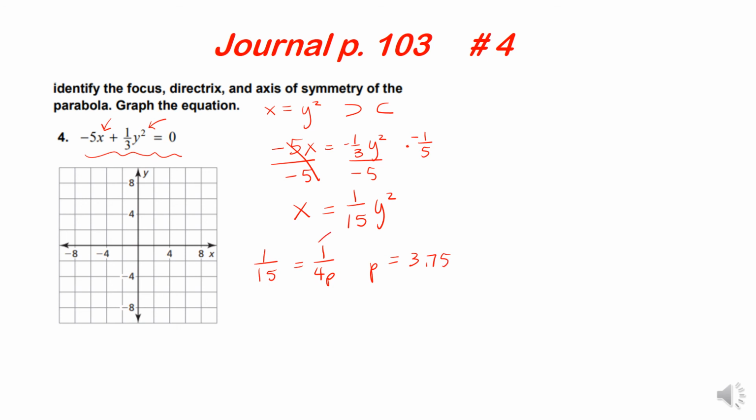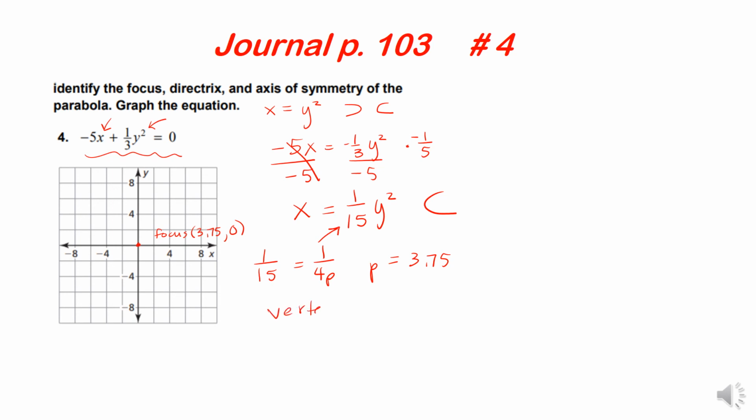Now, because this is positive, we know that it's a happy facing graph. So if I go over 3.75, I'm going to put my focus right there. So my focus is 3.75, 0. Okay? And my vertex is 0, 0 because I don't have a b or a c here.